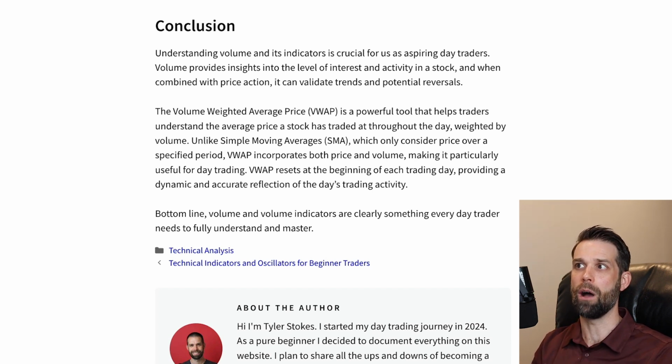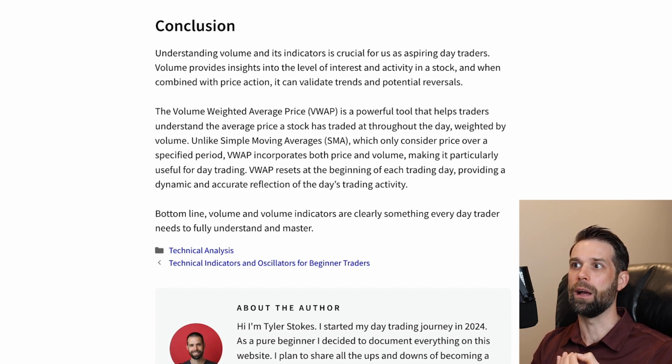And again, we looked at the VWAP. It's a powerful tool. It helps traders understand the average price a stock has been trading at throughout the day, weighted by volume. Unlike a simple moving average, which only considers the price over a specific period, the VWAP indicator incorporates price and volume, making it particularly useful for day trading.